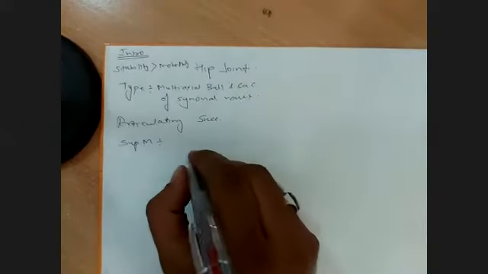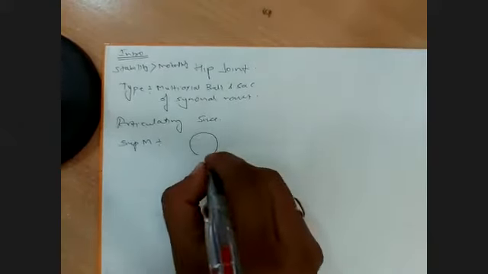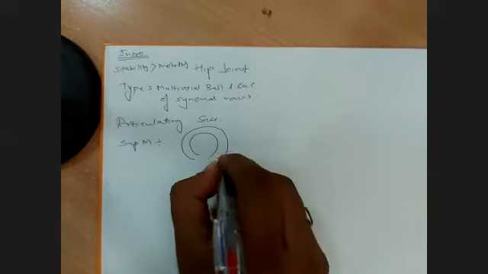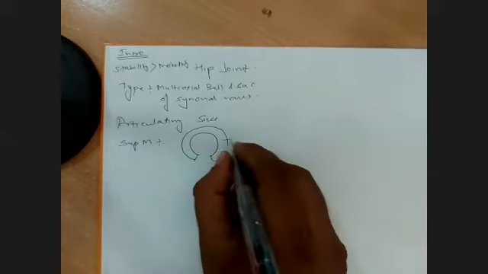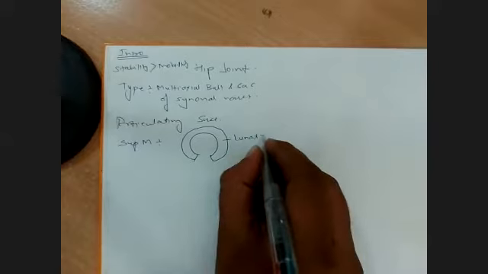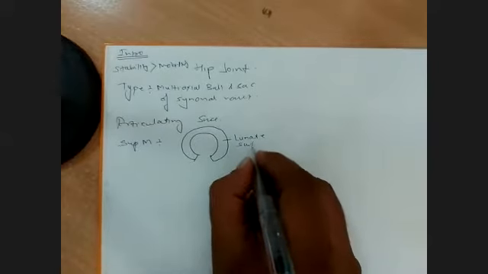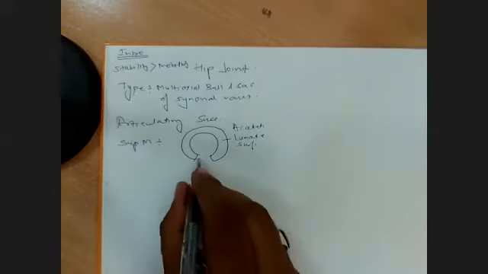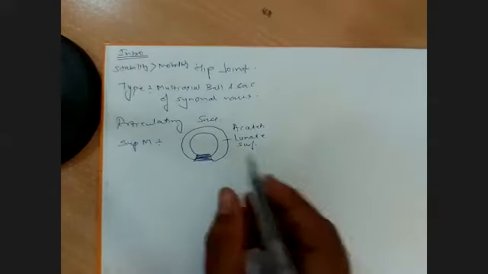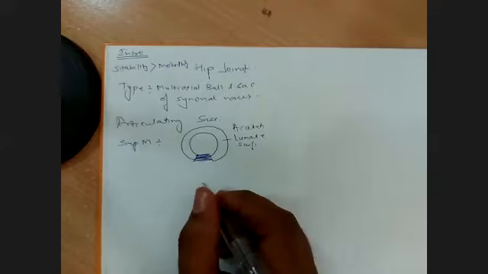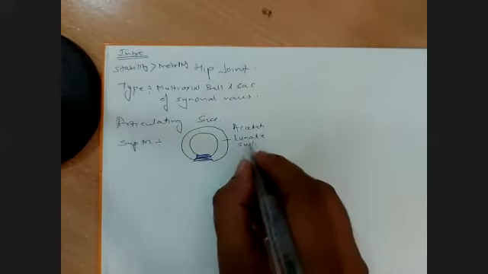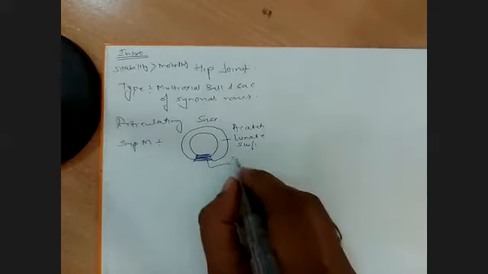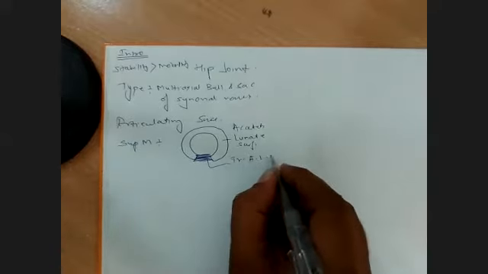Superomedially is the acetabulum. To be precise, the lunate surface of acetabulum. Lunate surface of acetabulum. And the acetabular notch, which is traversed by transverse acetabular ligament. So superomedially is lunate surface and transverse acetabular ligament.